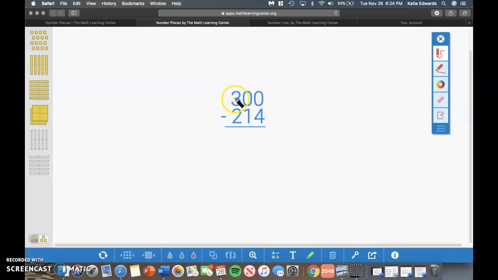So they need to go all the way to the hundreds, where 100 will be borrowed and given to the tens, which then a 10 will be borrowed, making this a 9, and then turning this into 10 minus 4, which will get us 6. And then you'd go to the left. 9 minus 1 is 8, and 2 minus 2 is 0.